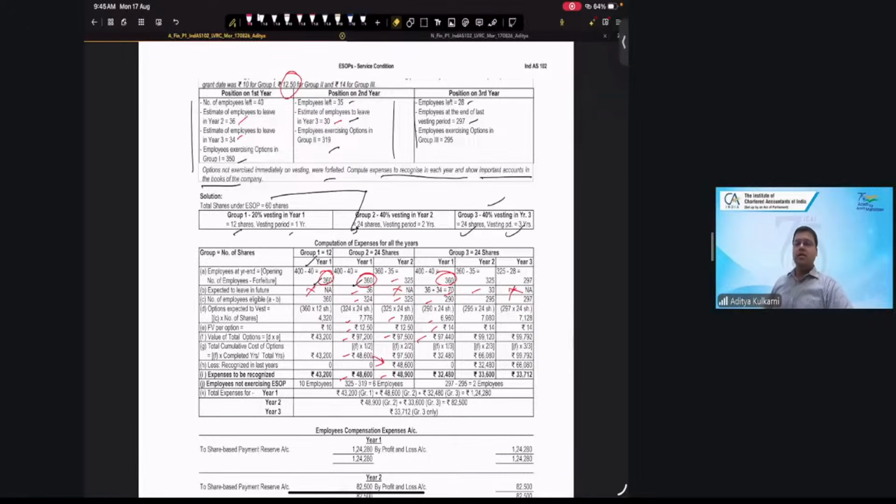This is a 3-year tenured plan. So into 2 by 3, 66,080. And because it is 66,080, you subtract from that 32,480. So 33,600 becomes the cost for the second year in respect of the third group. Year 3, final employee count is 297 into 24, 7,128.